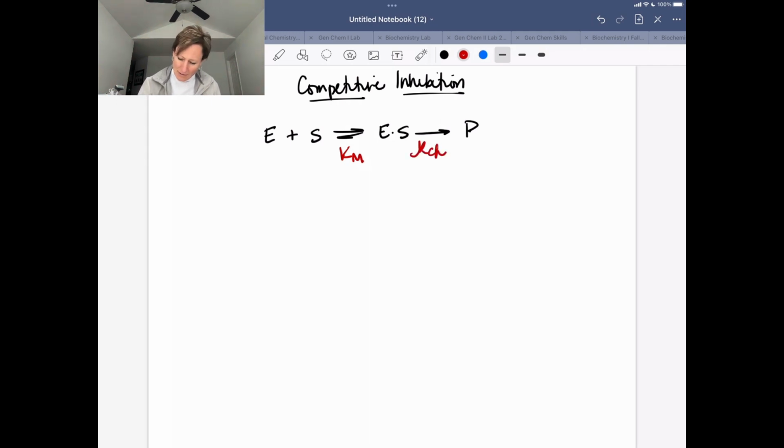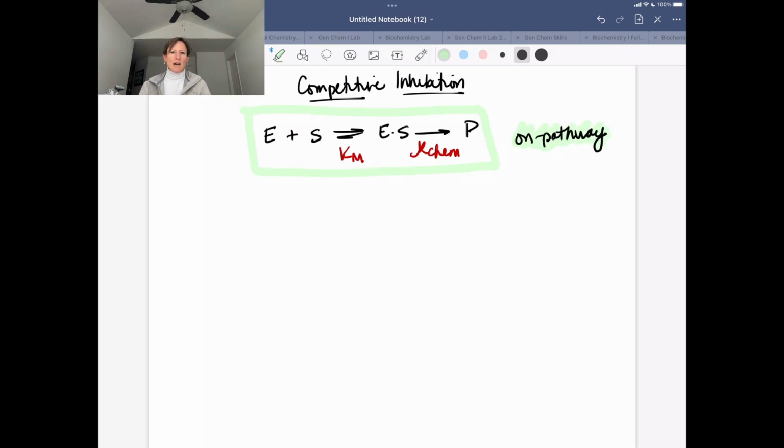And then our chemistry step is that irreversible process. We're assuming that chemistry is irreversible to make things a little bit simpler. So this is what we're going to refer to as on pathway.